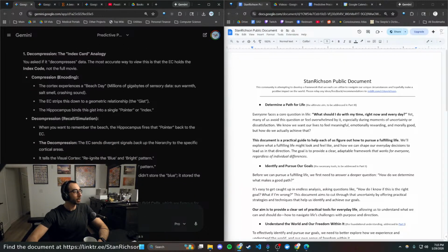Right. Compression encoding. The cortex experiences a beach day, millions of gigabytes of sensory data, sun, warmth, salt, smell, crashing sound. The entorhinal cortex strips this down to a geometric relationship. That is compression, right? This is like in software, you would say that this is like a compression algorithm.